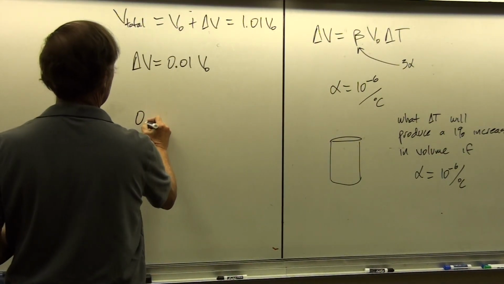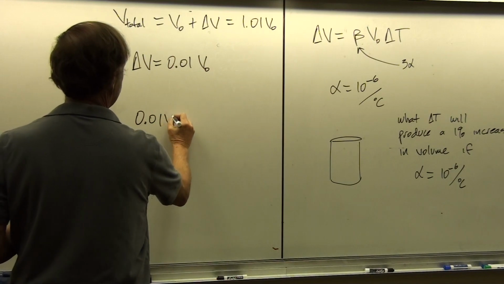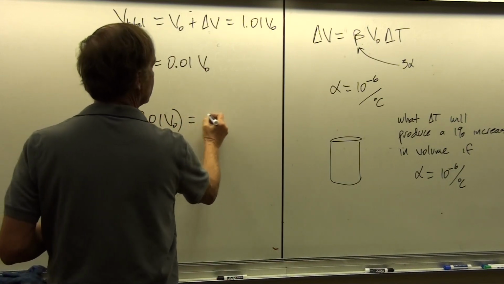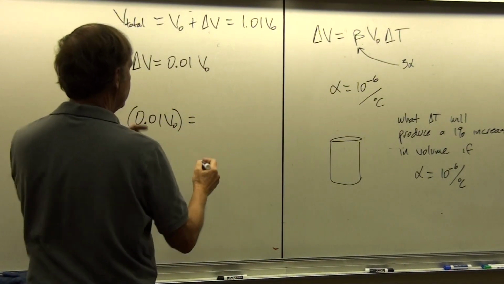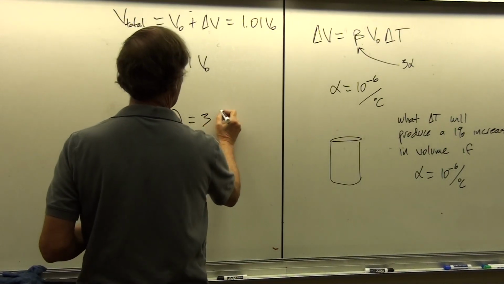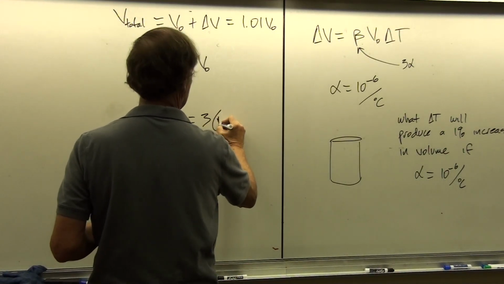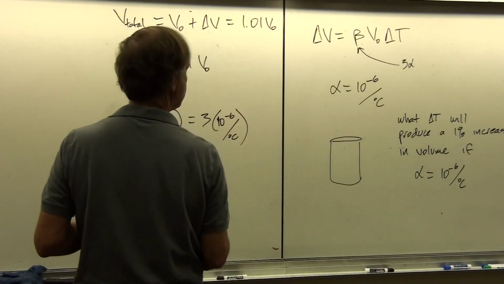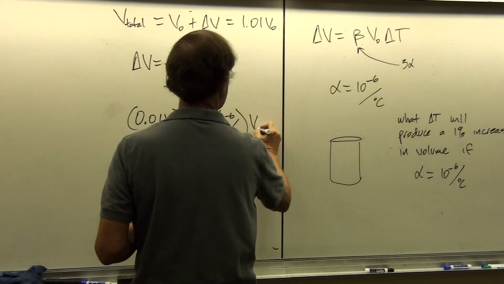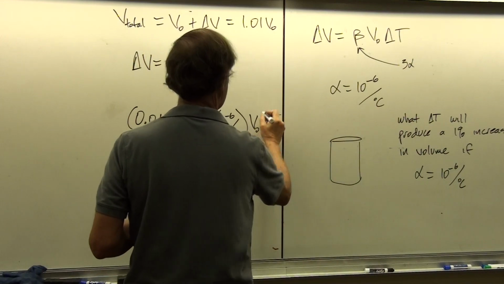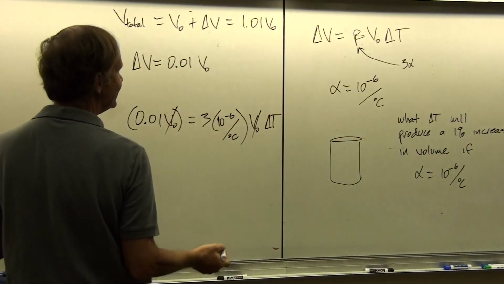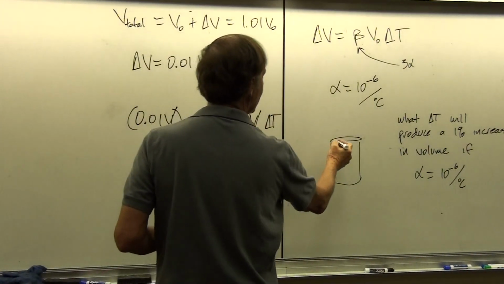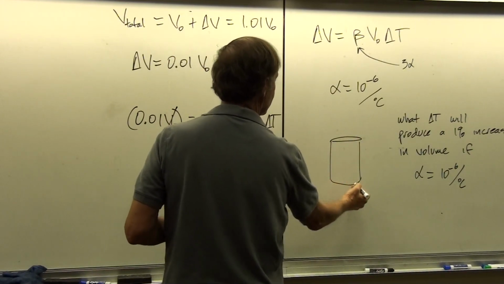So we have 0.01 V naught equals 3 alpha, which is beta, 3 times 10 to the minus 6 per degree centigrade, times V naught times delta T. Cancel out the V naught, so we didn't need to know what the height was or the radius.